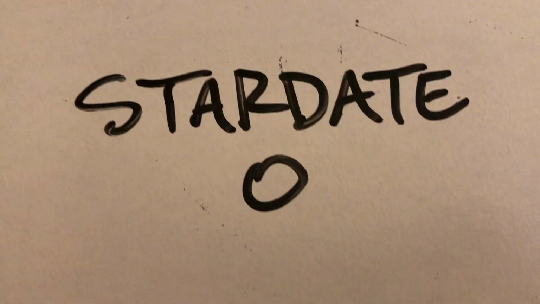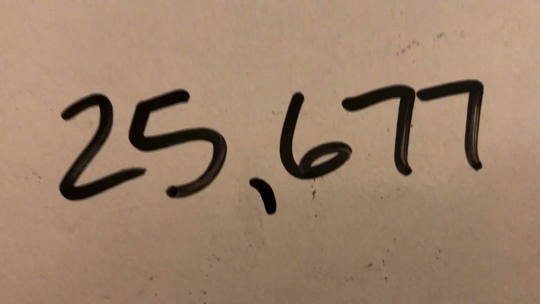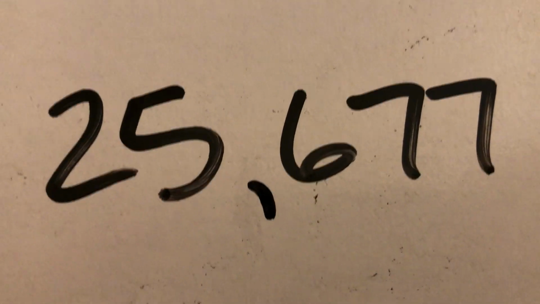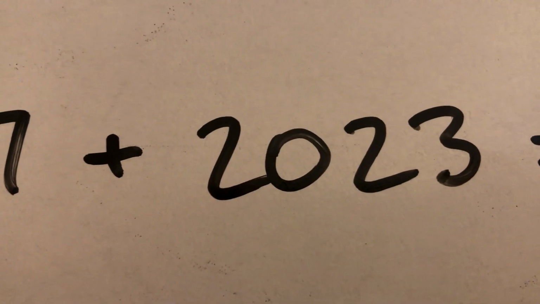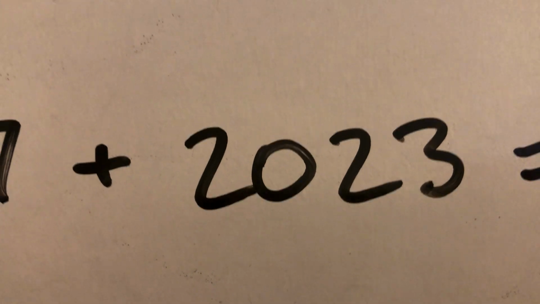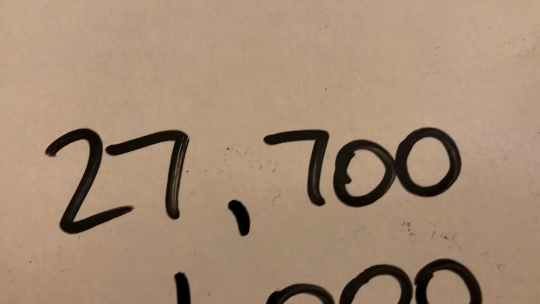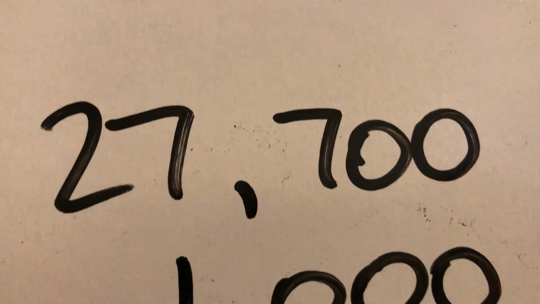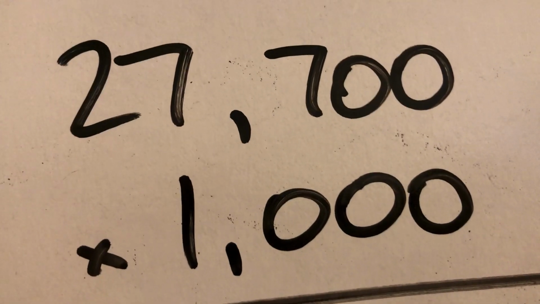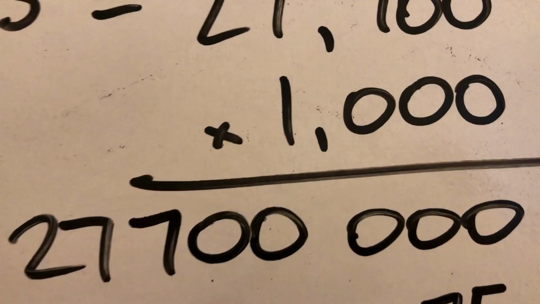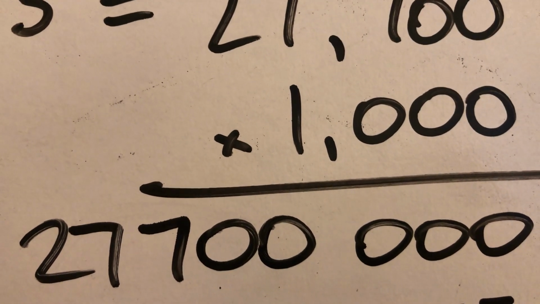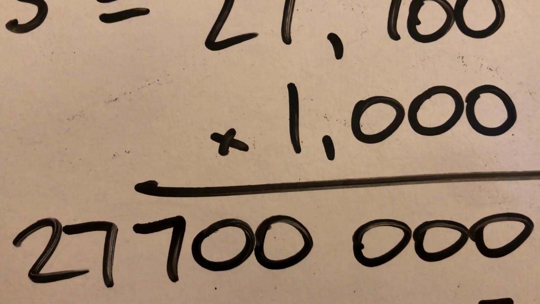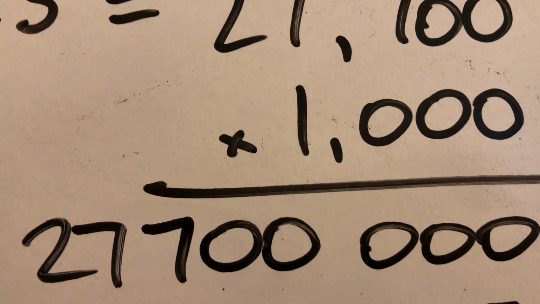So again, just to review what we've talked about before, we started at Stardate 0, which was 25,677 BCE, added 2023 to it to figure out how much time had passed, which is 27,700 years. Multiply that by 1,000 to get the star date. And then we knew that the beginning of 2023 was 27,700,000 star dates.